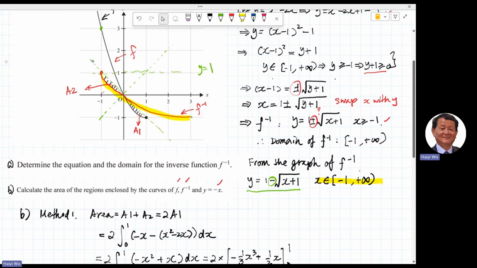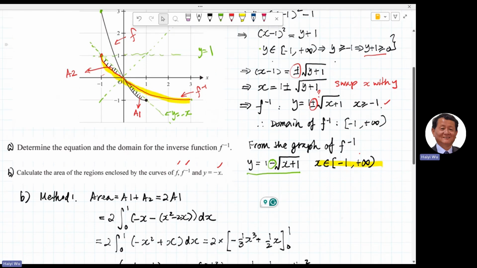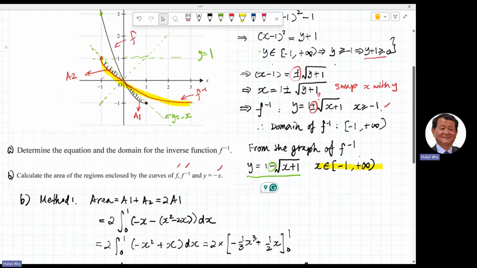We know y equals negative x is a diagonal from the other side. That's the green line, y equals negative x. We need to find those two shaded areas. Can you see area 1 and area 2? We need to add them together.